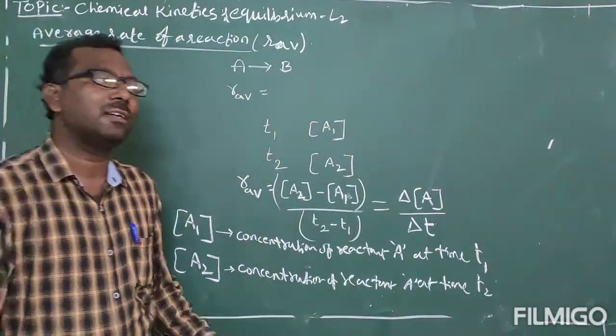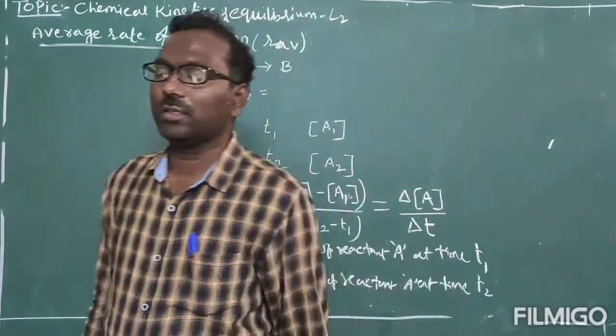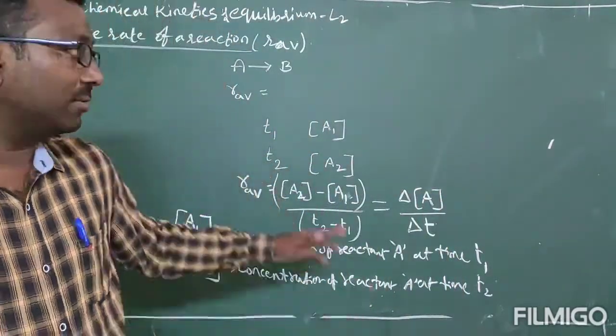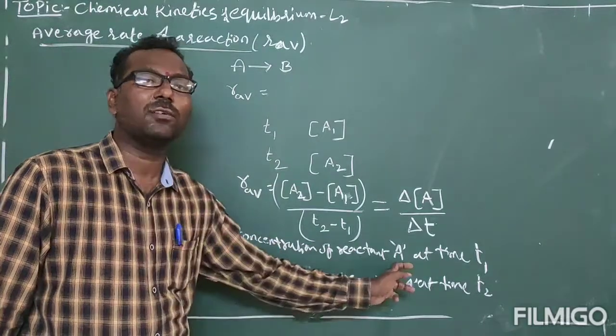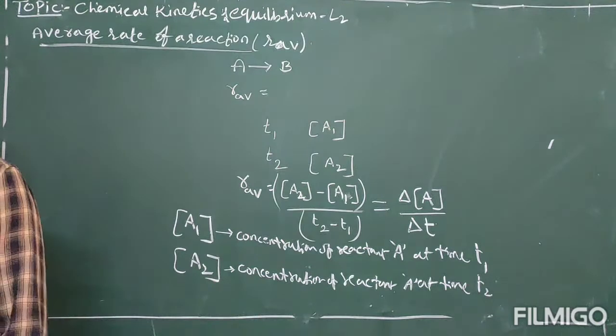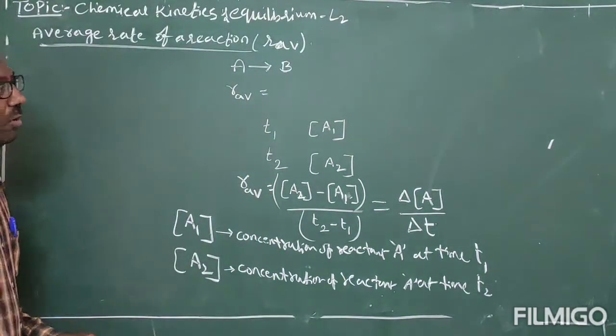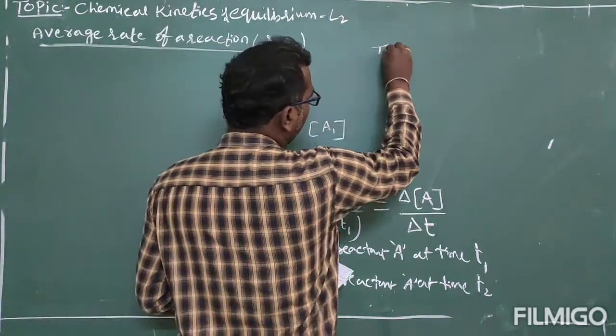Okay, as the reaction proceeds, what happens? There will be a decrease in the concentration of the reactants and an increase in the concentration of the products. So what is the definition of average rate of reaction? What is the exact definition? I am writing here.